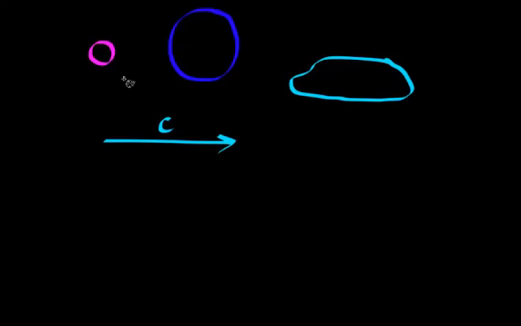Now, which one has a higher frequency? Hopefully you know that the smaller tire, or smaller wheel, will have a much higher frequency than the larger wheel, because if it has to keep up, one turn for this wheel displaces, let's say, a meter, while one turn of this only displaces 10 centimeters.